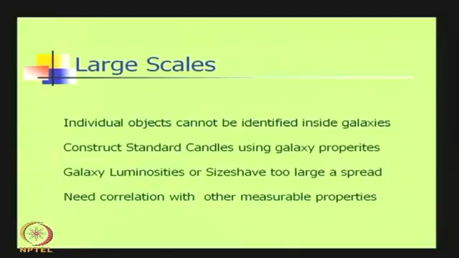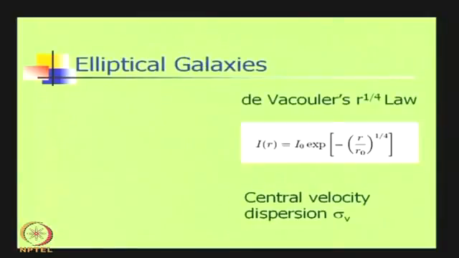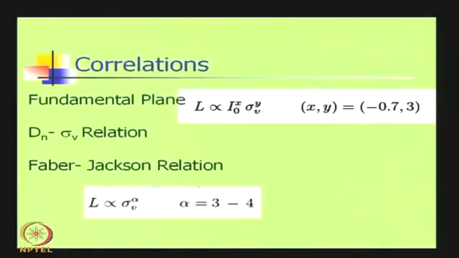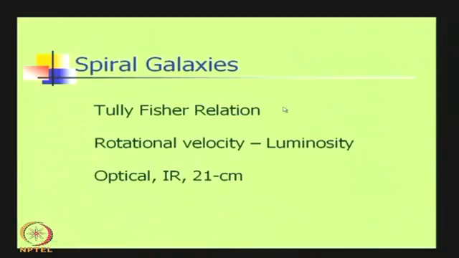One has to use individual galaxy properties, and we were discussing correlations between galaxy properties and the luminosity or diameter, so that you can use the angular diameter distance or the luminosity distance measurements. And we discussed the correlations that exist between, for example, the luminosity, the central brightness, surface brightness, and the velocity dispersion for elliptical galaxies.